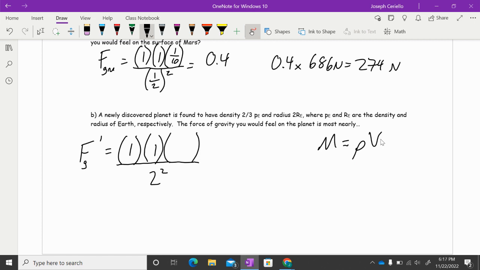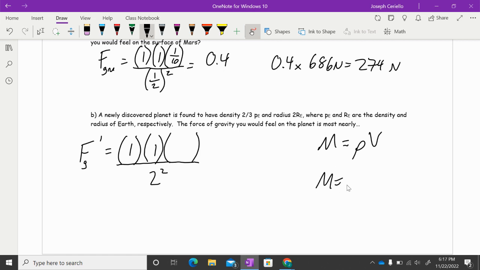The density is changing here. So, our new mass, m prime, is going to be 2/3 of the original density. So, we're using factor of change again. And our volume formula is going to be 4/3 pi r cubed. Actually, let me go back a step.